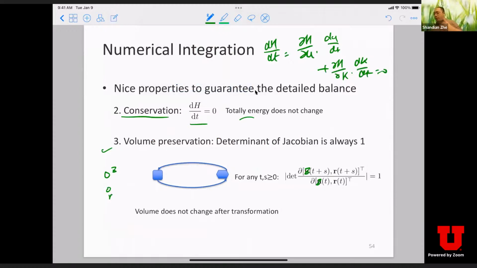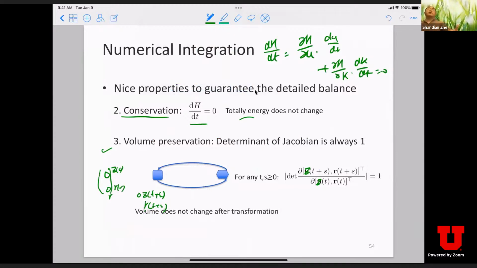Although you initialize them and then you evolve them, and this evolution is deterministic, you can view, at any time t, Z t plus s and R t plus s as transformations of the initial state Z0 and R0.